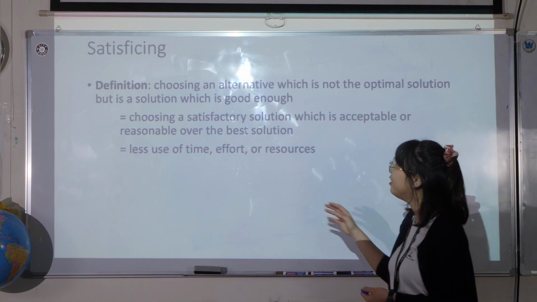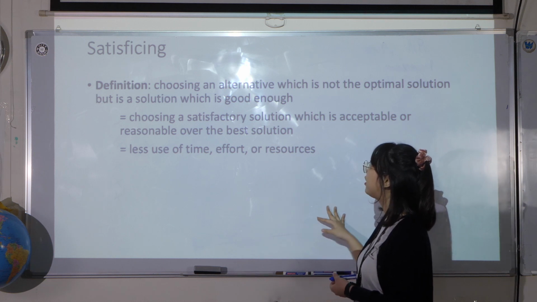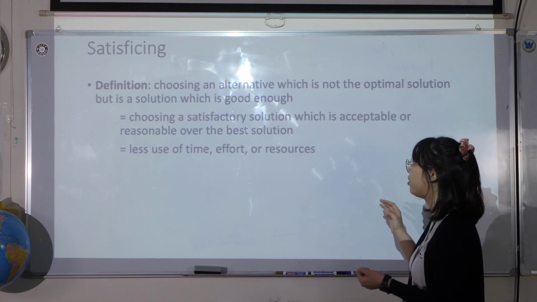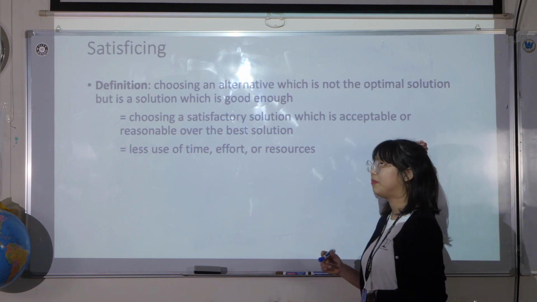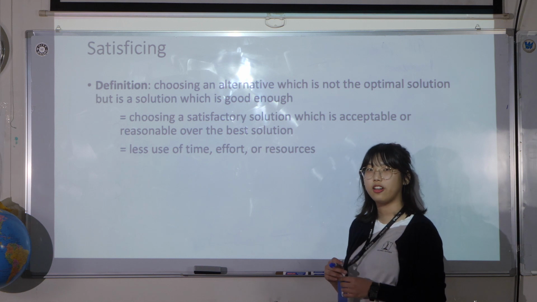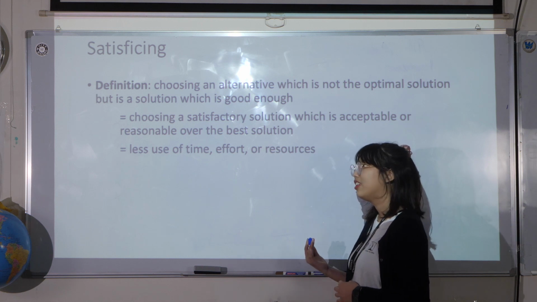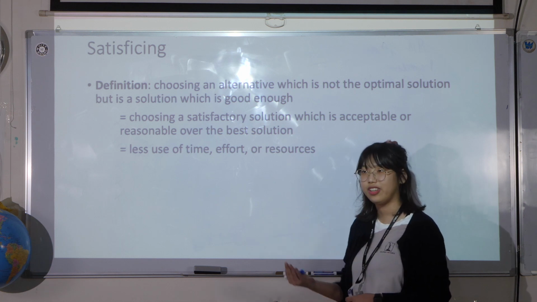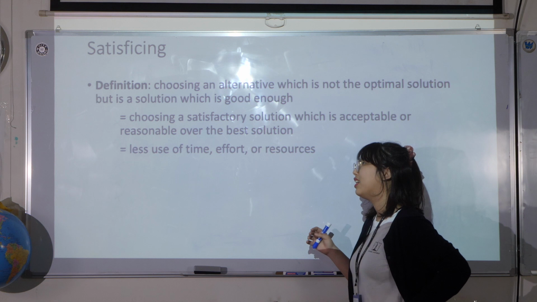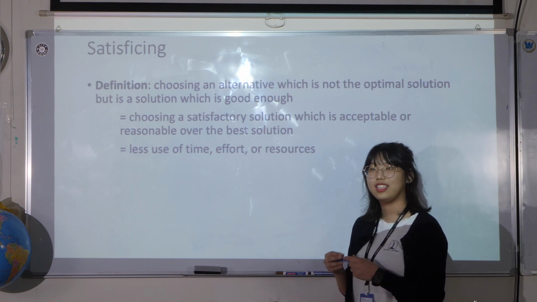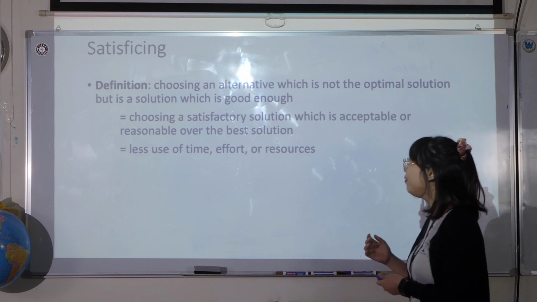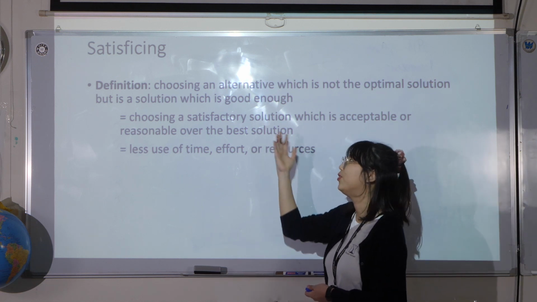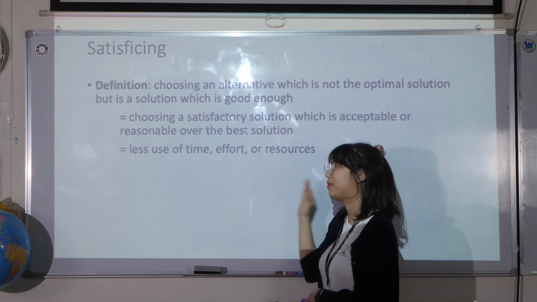In other words, it is choosing a satisfactory solution which is accepted or reasonable over the best solution. It is because the best solution may cost a lot of time, effort, or money to achieve. For example, profit maximization may be hard for a firm because maybe their fixed cost is larger. So with that in mind, it may be better for them to pick satisficing rather than profit maximization.